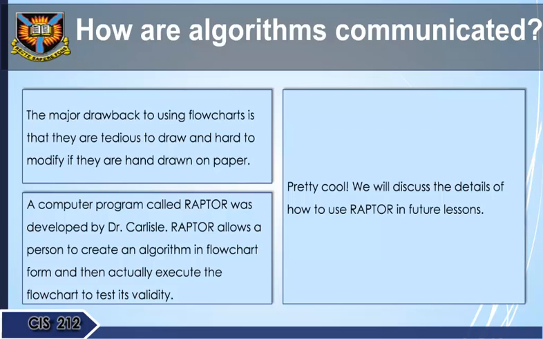A computer program called Raptor was developed by Dr. Carlisle. Raptor allows a person to create an algorithm in flowchart form and then actually execute the flowcharts to test its validity. Pretty cool. We will discuss the details of how to use Raptor in future lessons.